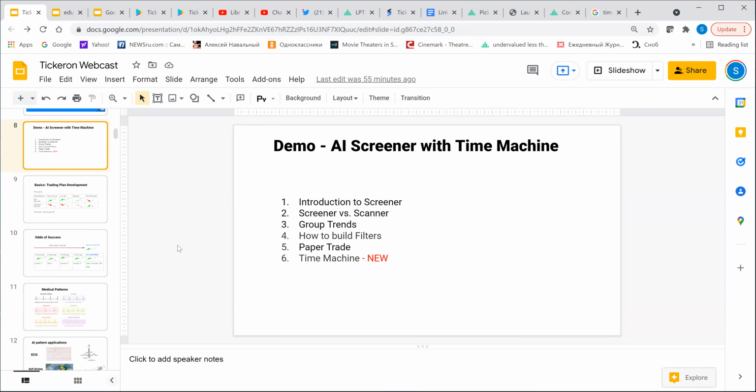So today I'm going to talk about the screener, about scanners, about the group trends, and then how to build filters, about paper trade and the time machine. That's the topic for today.